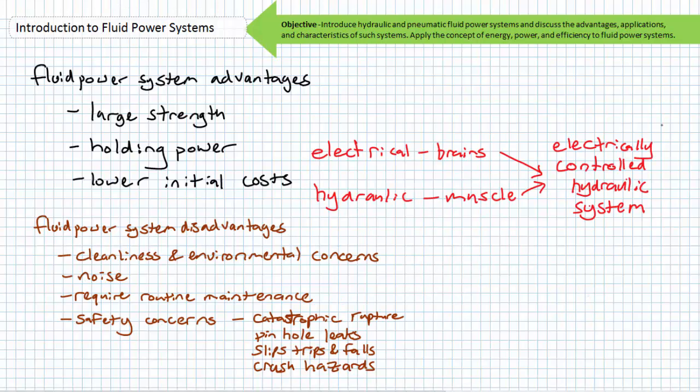Hybrids of different systems exist for the purposes of mitigating disadvantages and maximizing advantages. Consider an electrically controlled hydraulic system where a high-pressure hydraulic cylinder is controlled by a precise and responsive electrical control system. Astounding speed and accuracy can be achieved, all without sacrificing the immense lifting and holding capability of hydraulics.